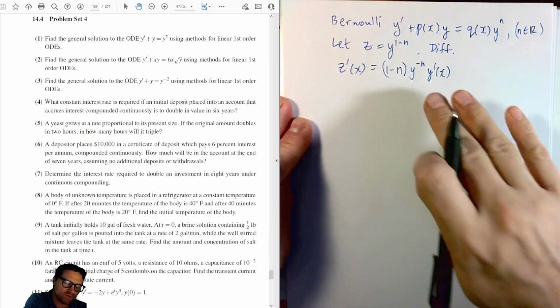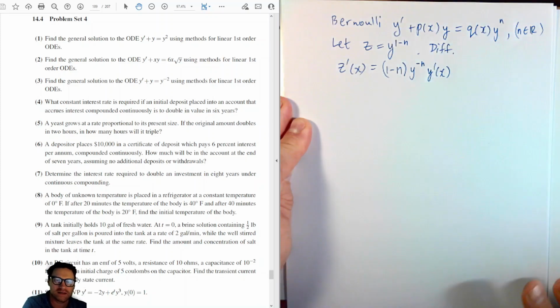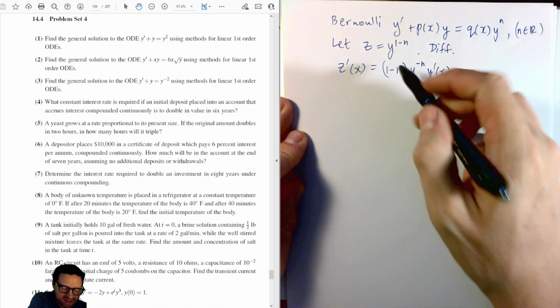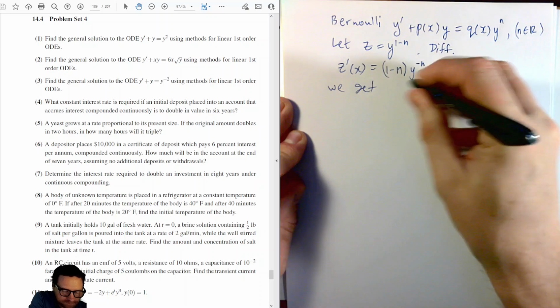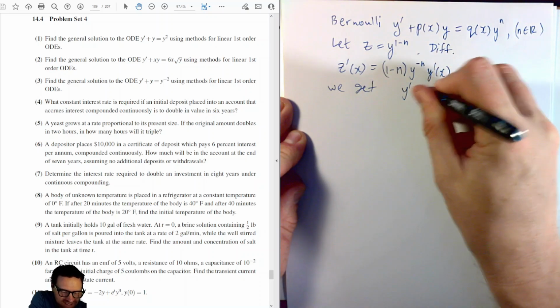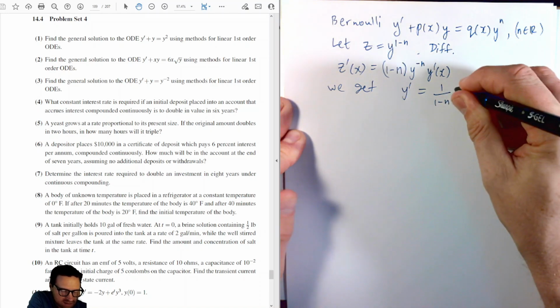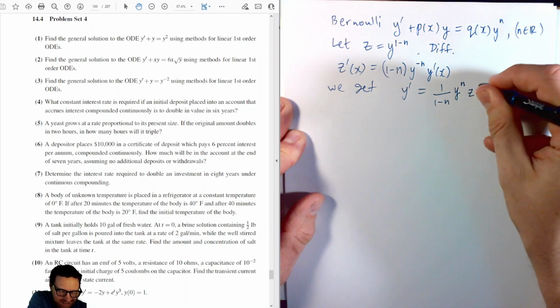And now we want to rearrange this so that we can substitute y' into our expression up here. So let's go ahead and do that by dividing by this. So we have y' equals 1 over (1 minus n) y to the power of n times z'.